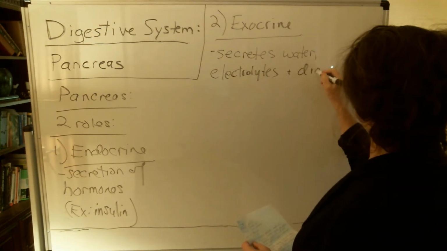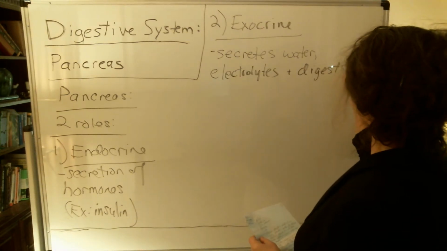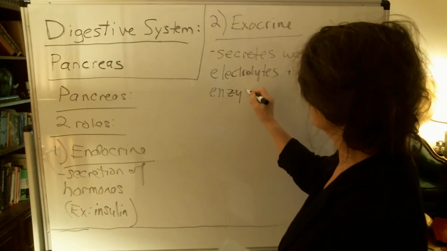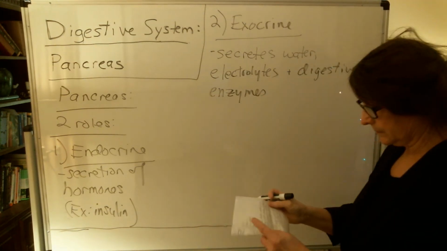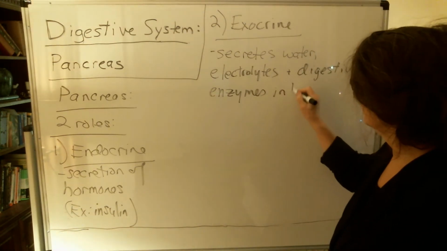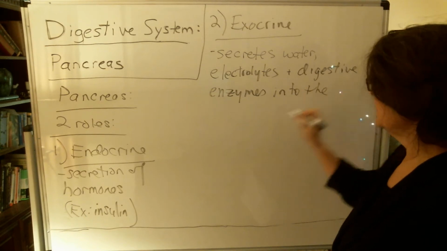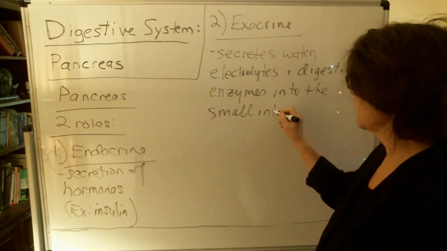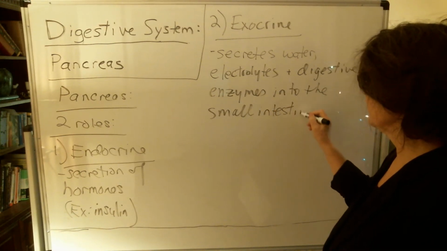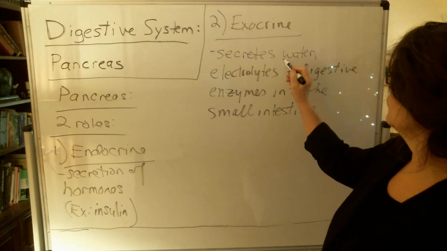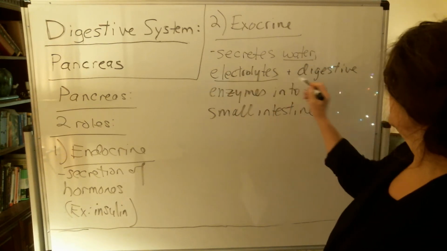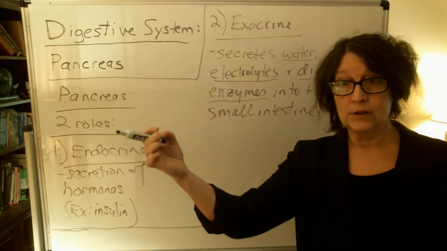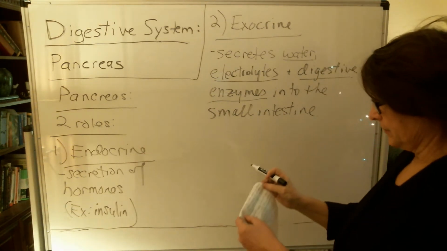And digestive enzymes into the small intestine. So the pancreas secretes these substances. They flow through a tube into the small intestine.